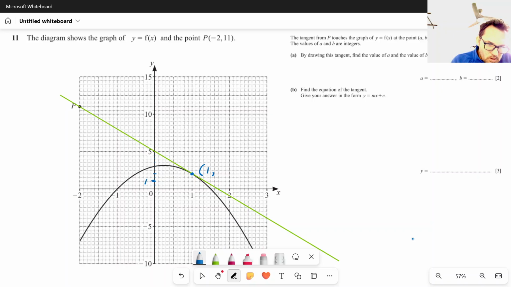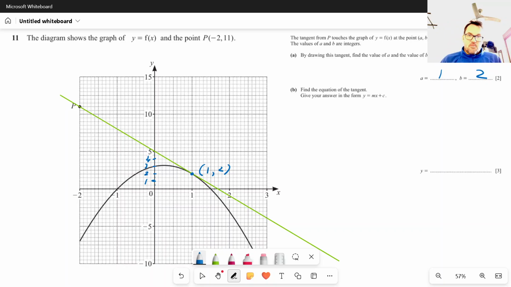So let's see, it's 1, 2. It's very important to get the scale. So every square on the y-axis is half a value. Okay, so that will be 2. Okay, find the equation of the tangent, give your answer.